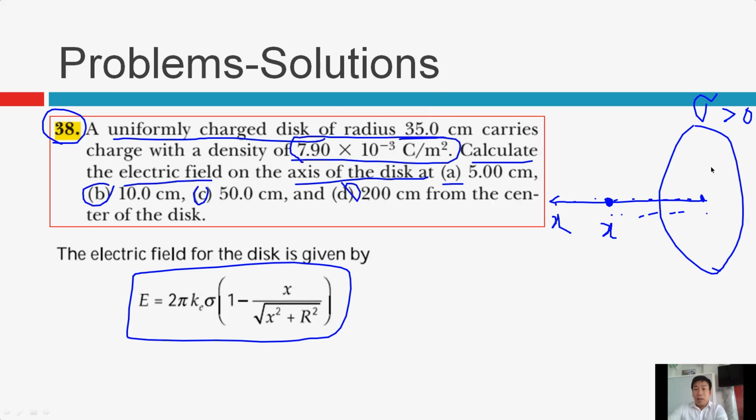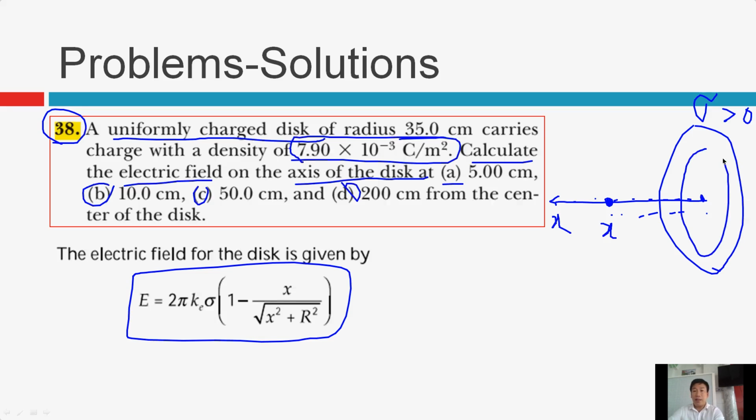Okay? Same as the previous problem, this is not a point charge. This is a matter with constant size. So we need to divide this matter into many point charges, right?